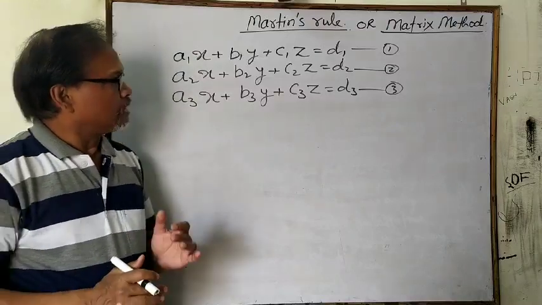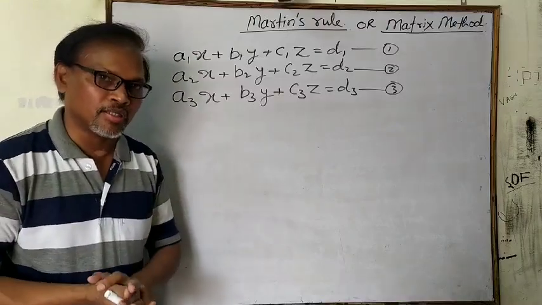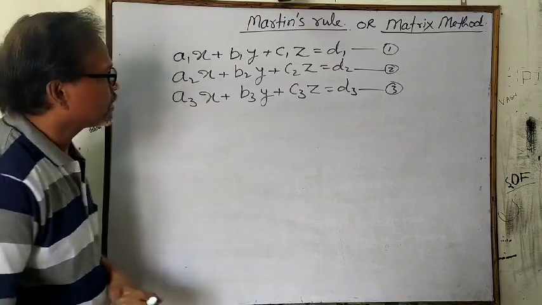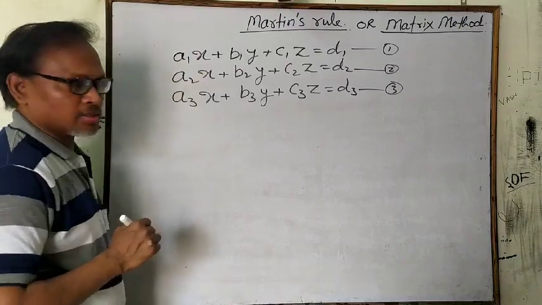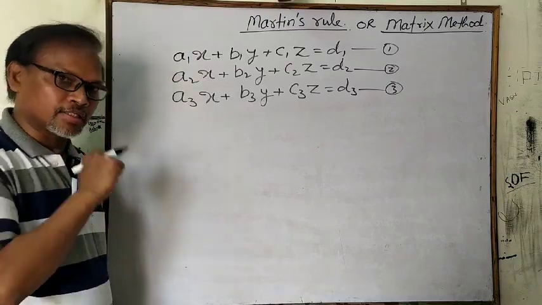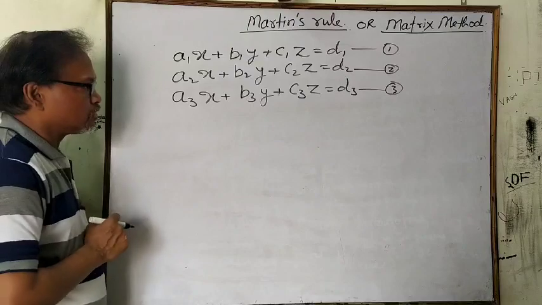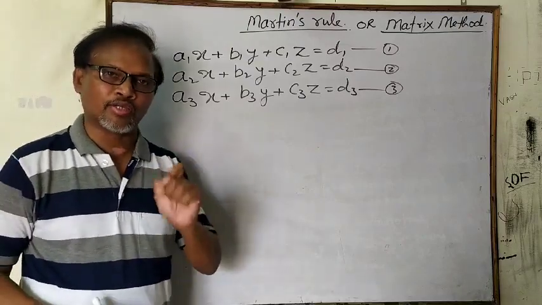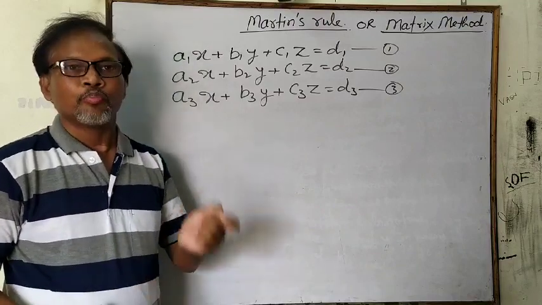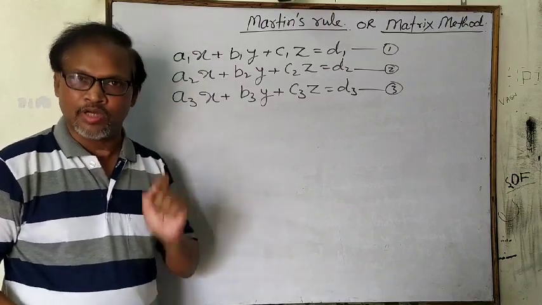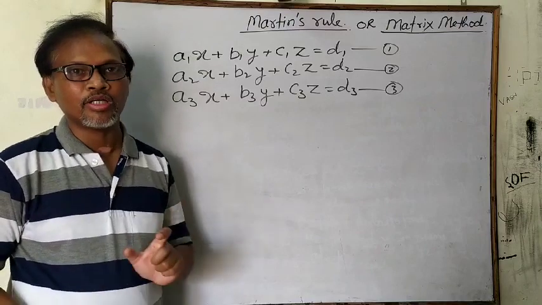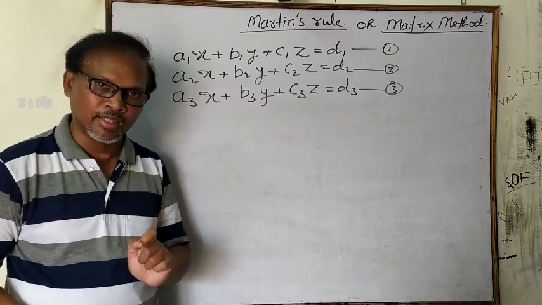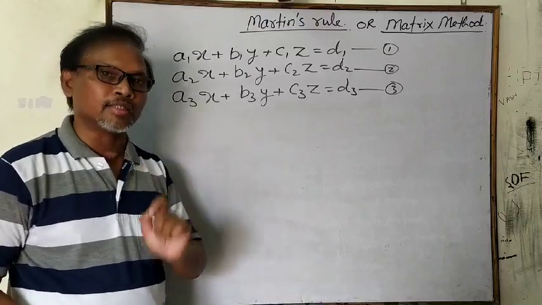When we say that x, y, z has a solution or no solution, there are two terms, consistent and inconsistent. Consistent means we have values of x, y and z, unique or finite. But when we don't have any values of x, y and z, then this is called inconsistent.